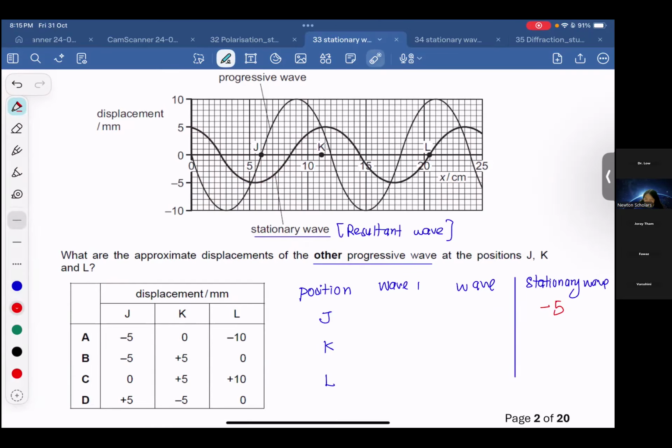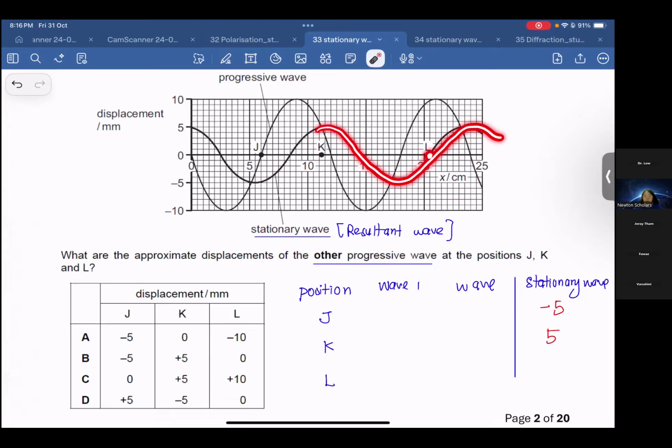Okay, we look at another one, K. What is my resultant? The thicker line, my resultant for point K is at 5. So I write it down, here is 5. Then for the L position, my resultant is the thicker line here.